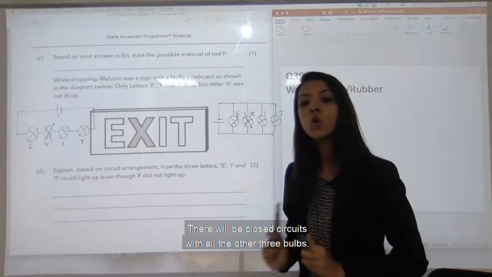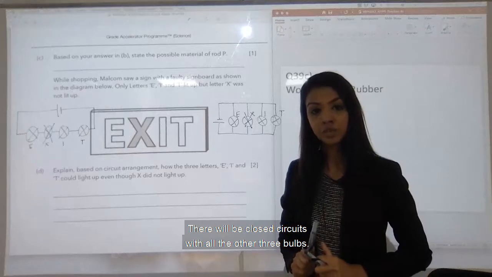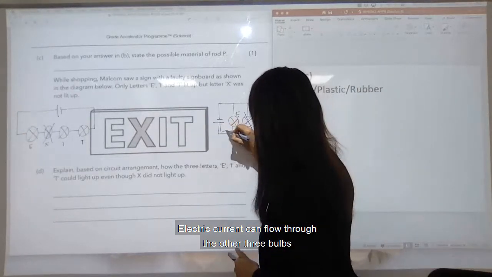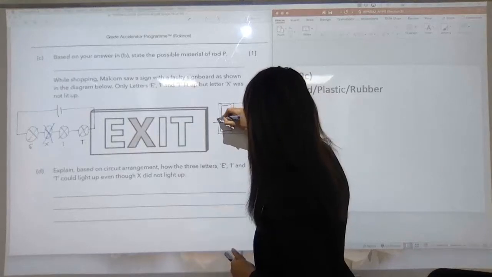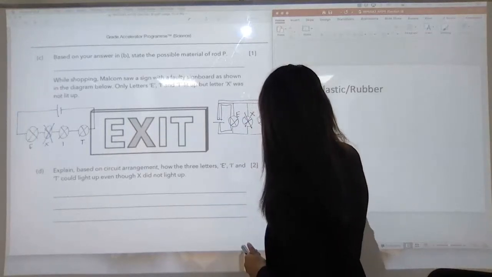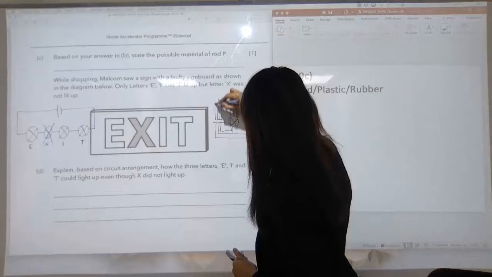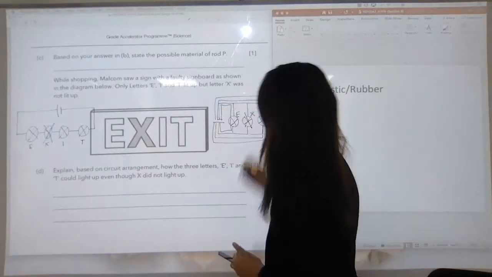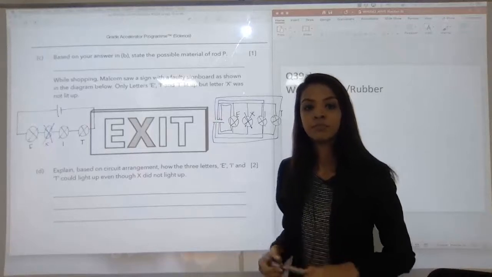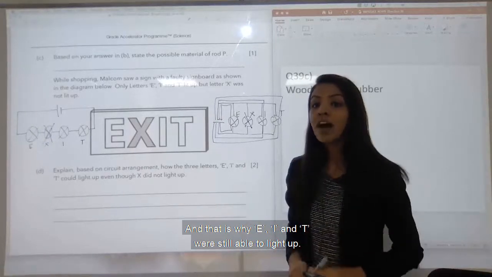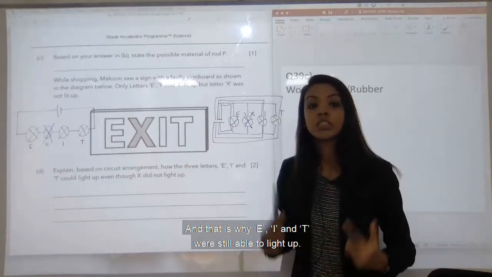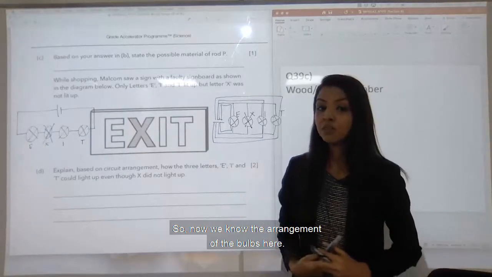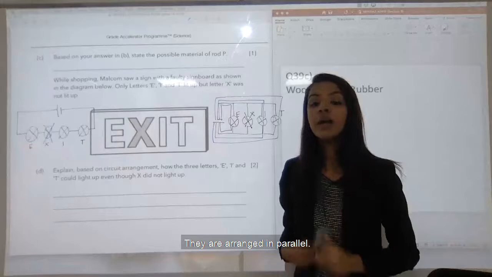There will be closed circuits with all the other 3 bulbs. Electric current can flow through the other 3 bulbs just like this. And that is why E, I and T were still able to light up. So now we know the arrangement of the bulbs here. They are arranged in parallel.